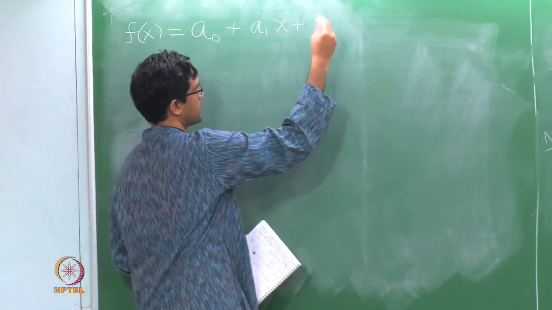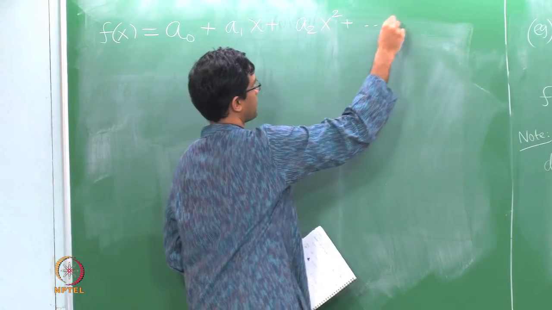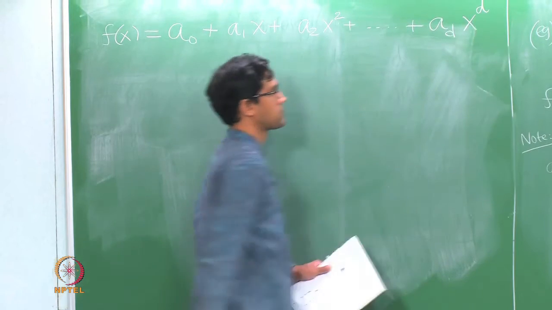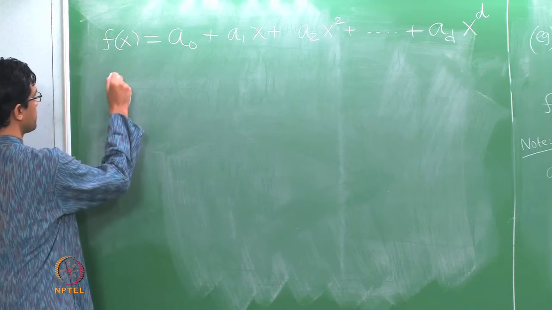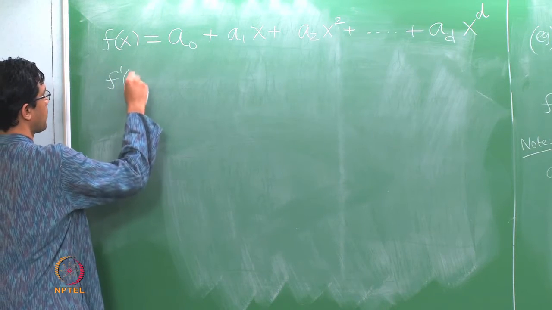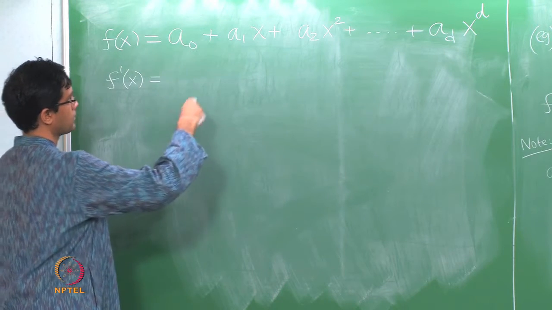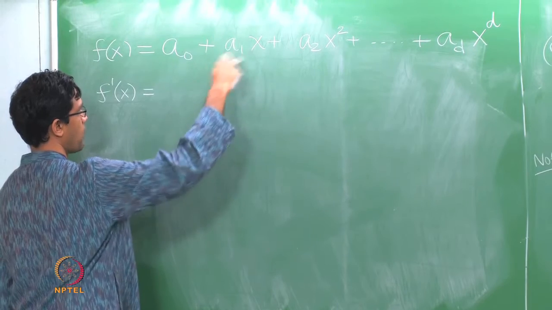Suppose I have a general polynomial, an arbitrary polynomial with this expression, a degree d polynomial. If you take one derivative, what we call f prime of x, then the derivative of a constant is 0. So it is a polynomial which starts with the constant term now a1.